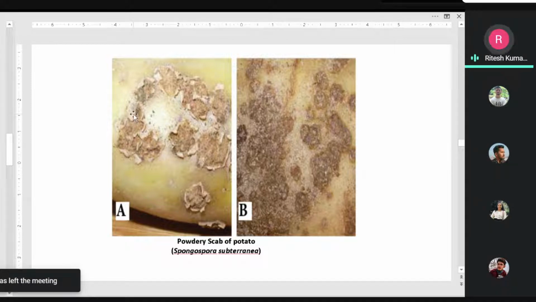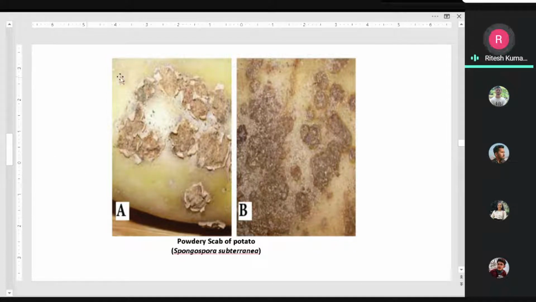So generally, this disease is a high altitude disease. Generally, it is not seen below 2500 meters, or rarely seen, but generally above 2500 meters above sea level it is very widespread, or say from 1800 to 2000. So like in Dailekh region it is very severe. Similarly in Dadeldhura it is very severe. So in many areas of Western Nepal, this powdery scab is very severe.